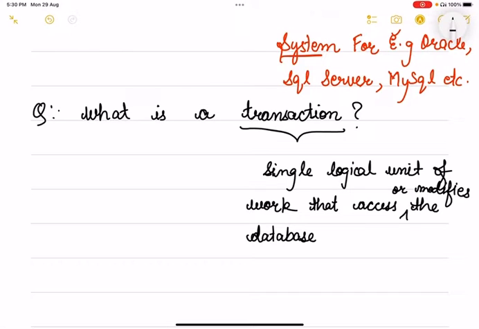Alright, so transaction is a single logical unit of work that accesses or modifies the database.